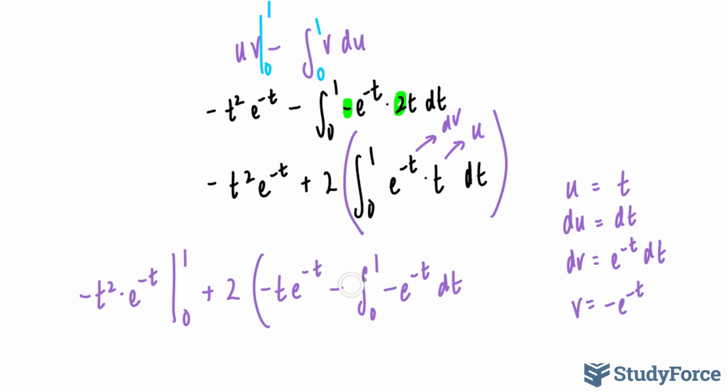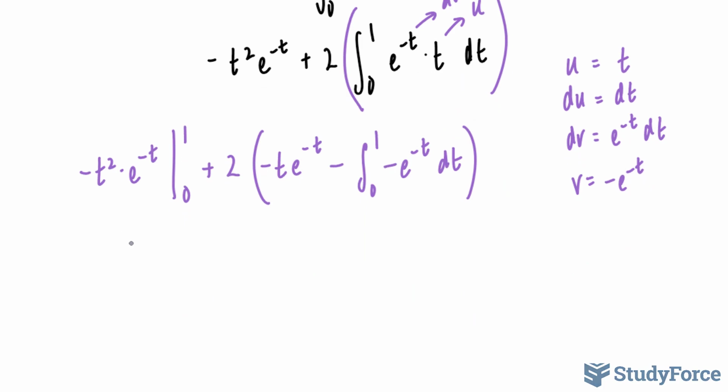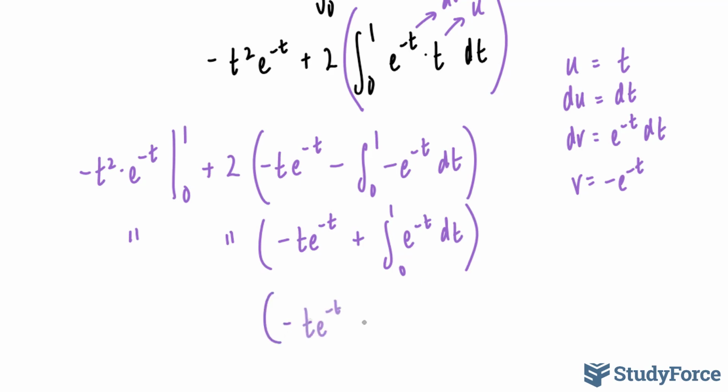We're going to place this outside because we can, and we end up with negative t e to the power of negative t. These two become plus. This is now integrable. The integral of this is equal to negative e to the power of negative t. And don't forget that both of these will be integrated between 0 and 1.